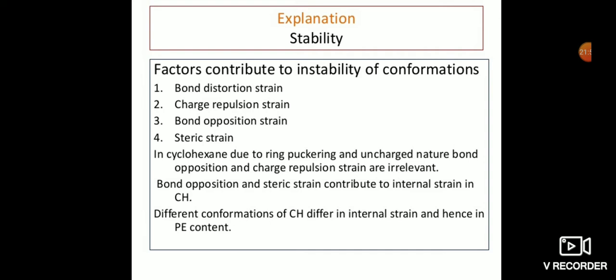In cyclohexane, due to ring puckering and uncharged nature, bond distortion and charge repulsion strain are irrelevant. That means the bonds have no charge in the cyclohexane structure, so charge repulsion strain is irrelevant.